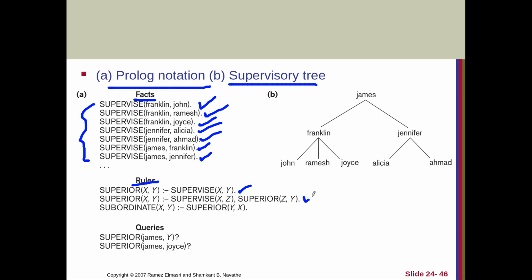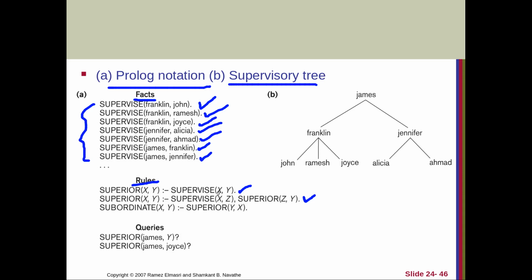In that situation also, we can combine more than one predicate in the right hand side, that is the body part, so that when these conditions are satisfied, the left hand side is also satisfied. So I can say x is superior of y if x supervises z and z is the superior of y.